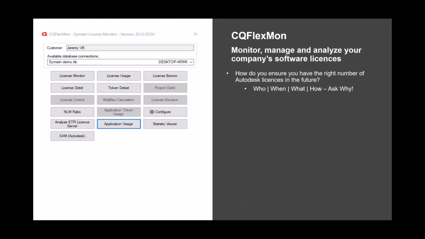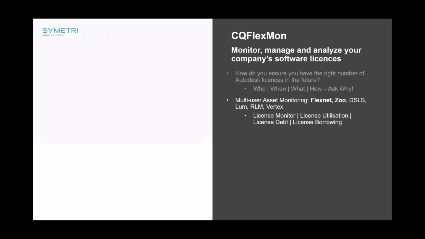So CQ FlexMon, this is the menu that you'll see in a minute with Jeremy. Again, it's going to help you ensure you have the right number of Autodesk licenses and your other licenses as well. Historically, network licenses and license managers like FlexNet or FlexLM have been commonly in place.